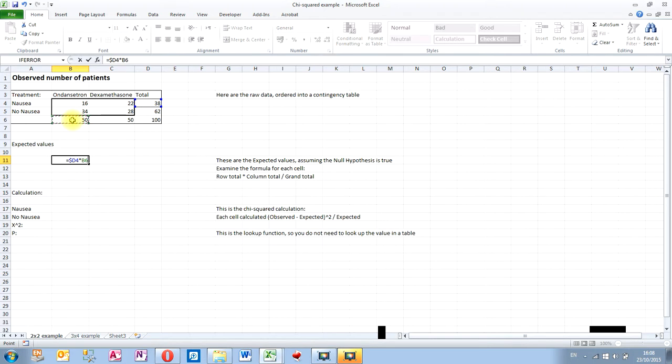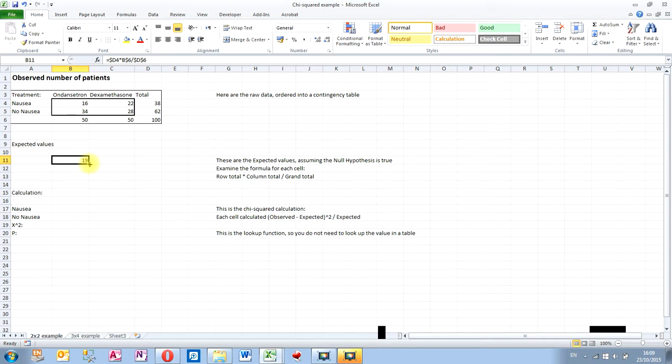I want to stick with row 6, so I press F4 and that makes B$6, and then I divide that by the total sum, which is in this cell here, D6, and I make it $D$6. The point of the dollar sign is that when I copy this formula across and down, the part that has the dollar will stay constant. Press enter, and I get 19, which is what I would expect if the null hypothesis were true.